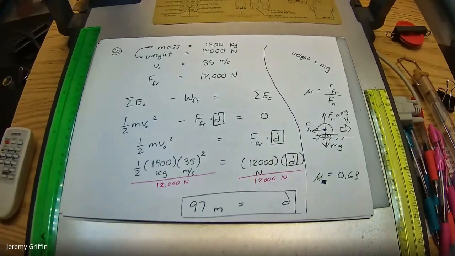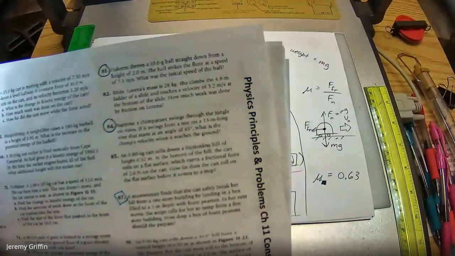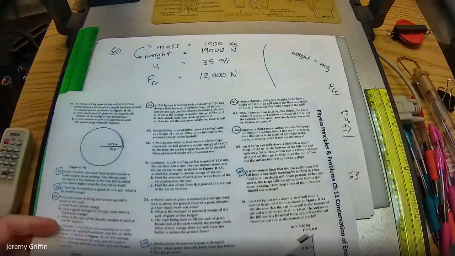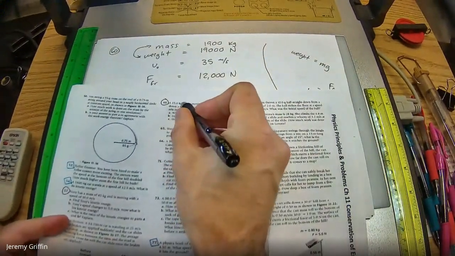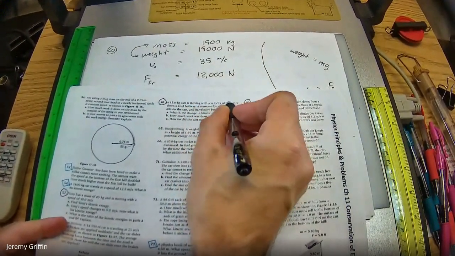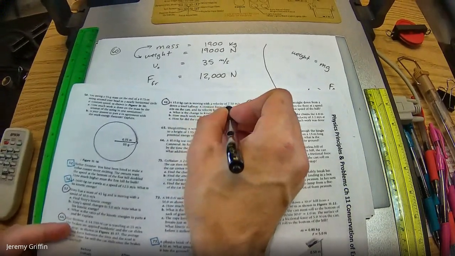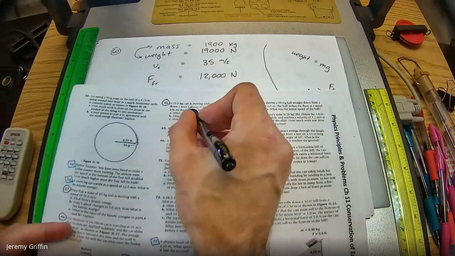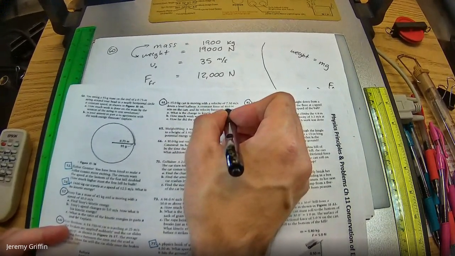Okay, you guys good there? Okay, number 61. A cart with this mass is moving with this velocity down a level hallway. Okay, a constant force of so many newtons acts on the cart, and its velocity becomes slower.